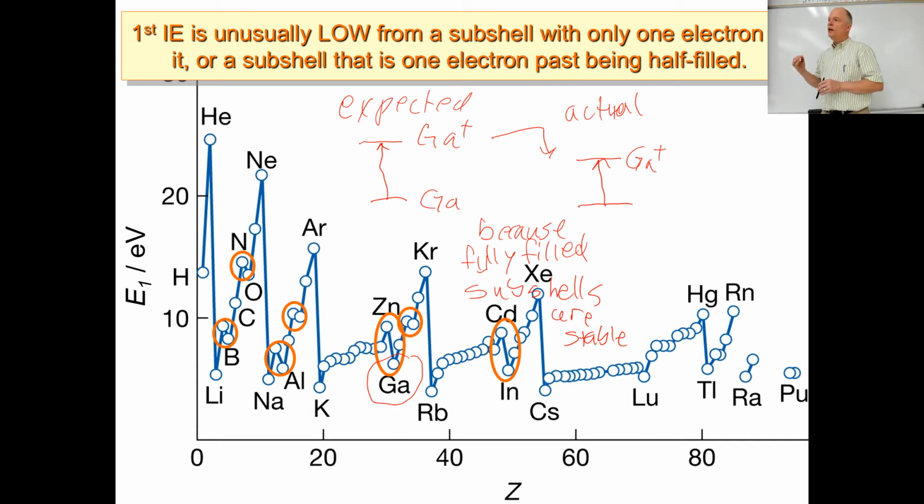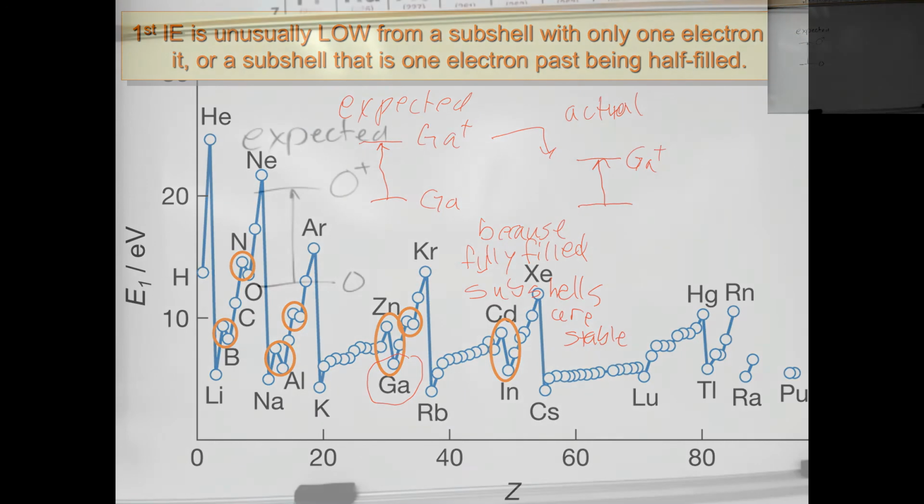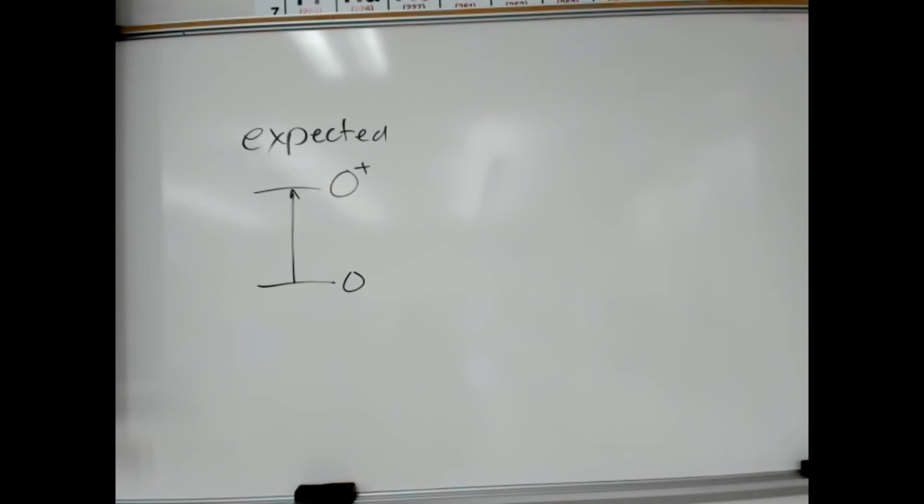Now we could do the same thing for oxygen. If we do oxygen, let me just do it on the board since I'm out of room. Let me flip over here too. All right.